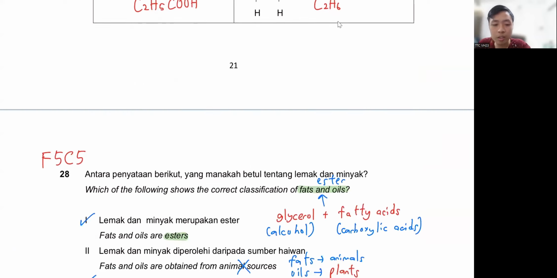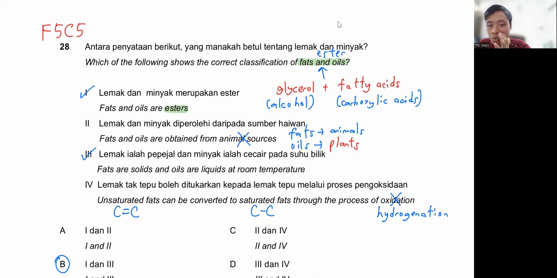Okay. Then question 28 is Form 1 Chapter 5. Fats and oils. Remember how to make fats. Fats means glycerol plus fatty acids. You remember glycerol is similar to alcohol, and fatty acid is similar to carboxylic acid.